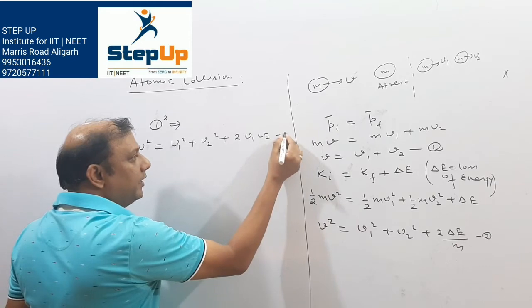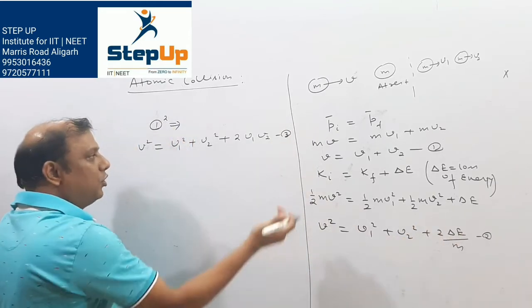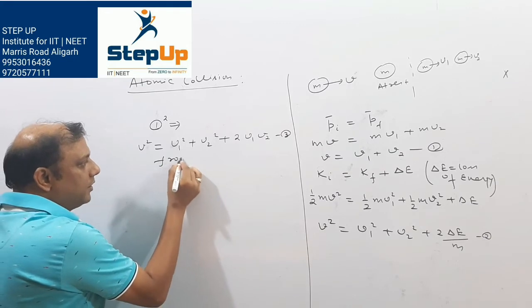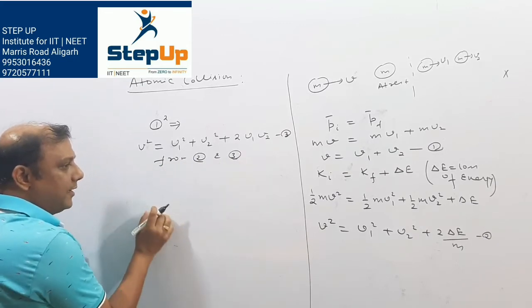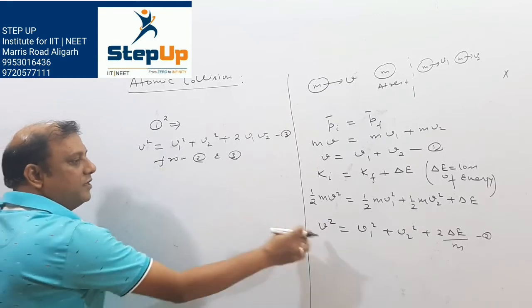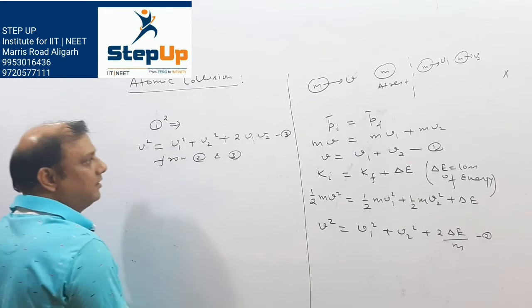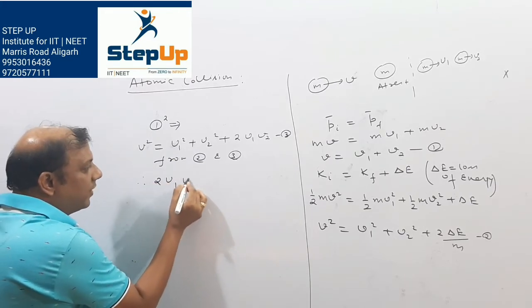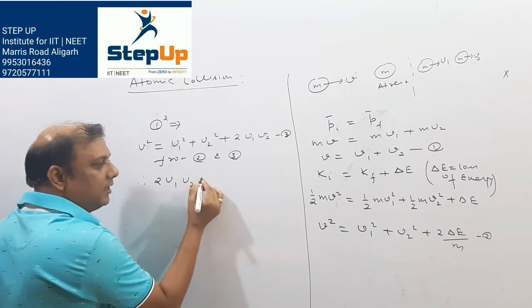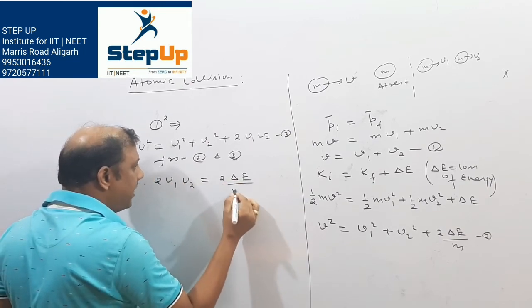This is equation 3. Now equate 2 and 3. From 2 and 3, v1 square plus v2 square cancels, so we get 2v1 v2 equals 2 delta E upon m.